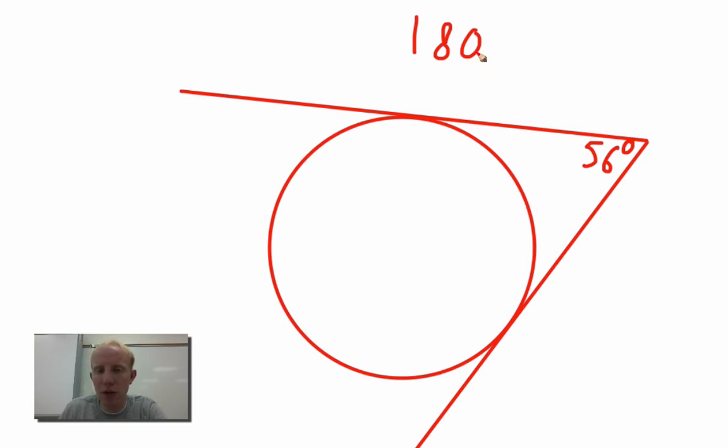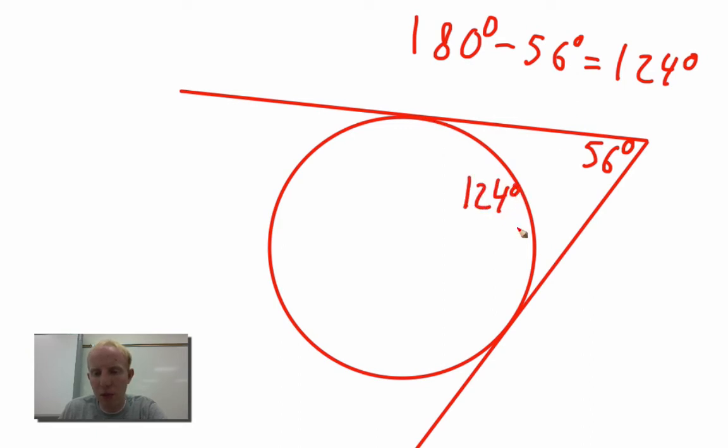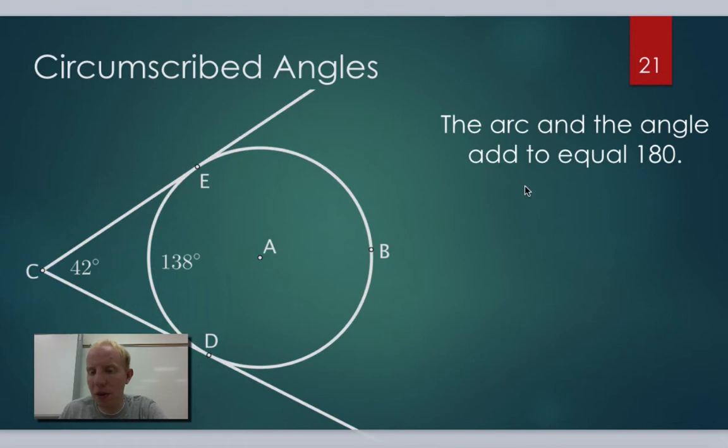So 180 minus that angle gives you the arc, which in this case is 124 degrees. So that arc represents 124 degrees of the circle. Awesome. So just remember that the arc and the angle add up to 180 for a circumscribed angle.